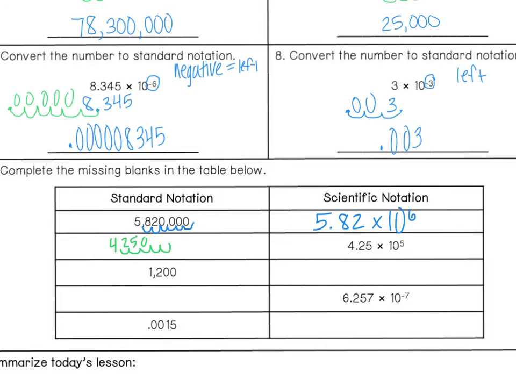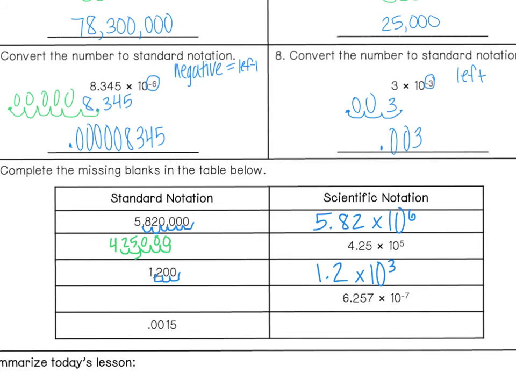So I need 3 placeholders, and it's 425,000. For 1,200, I want my number to be between 1 and 10, so it's 1.2. And I'm going to move my decimal 1, 2, 3 places, so times 10 to the 3rd power.